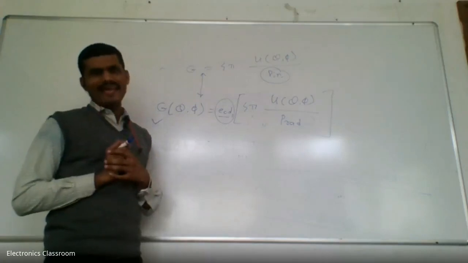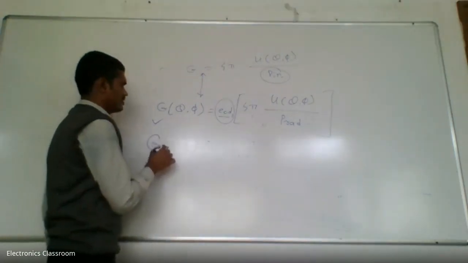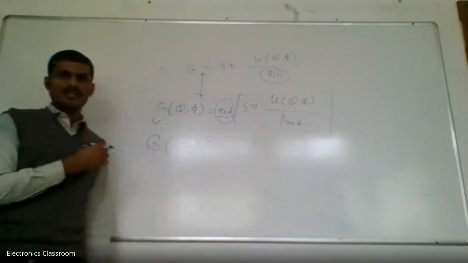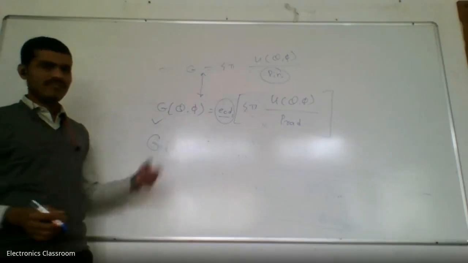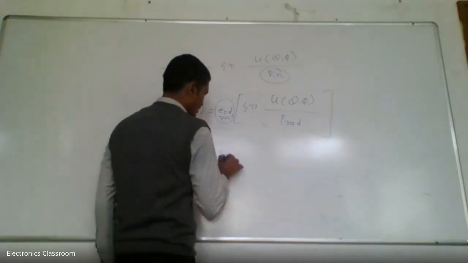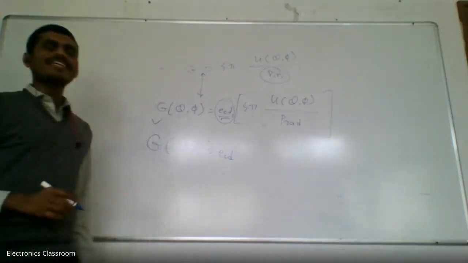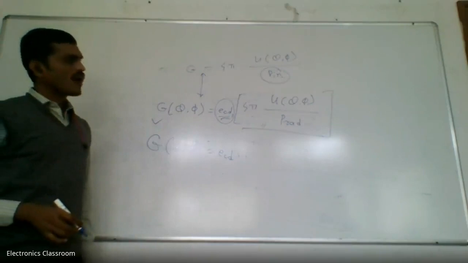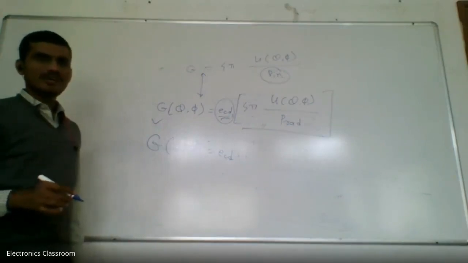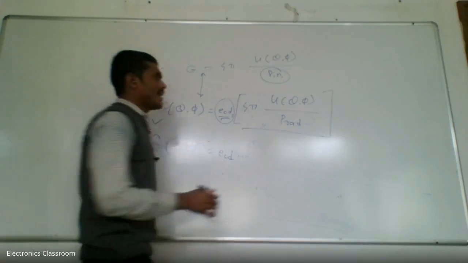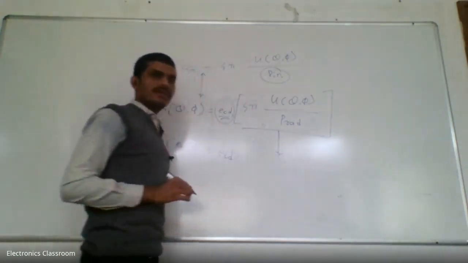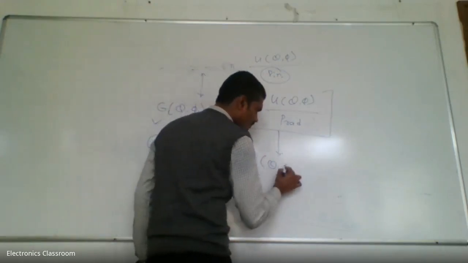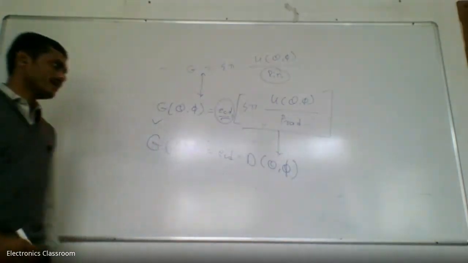Now, you know that the directivity equations were derived in the last lectures. Now this equation can be written as G of theta comma phi is equal to ECD into 4 pi U of theta comma phi divided by P radian, and this is the directivity of the antenna in a particular direction.